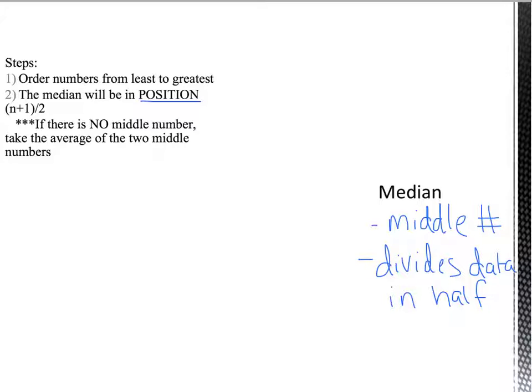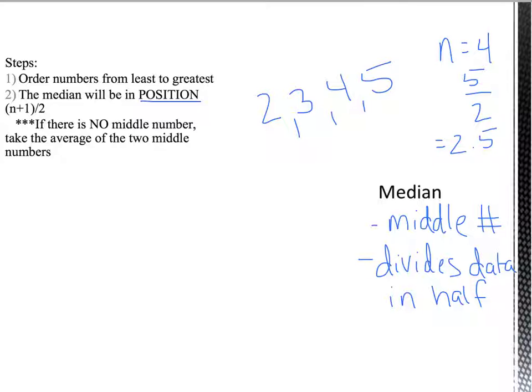If there is no middle number, for example, if you have this data set, 2, 3, 4, 5. Sorry, that's so crooked. There is no middle number. If we did n equals 4, n plus 1 over 2 is 5 over 2, which means the median is at position 2.5, which the 0.5 should be an indicator, it's between these two values.